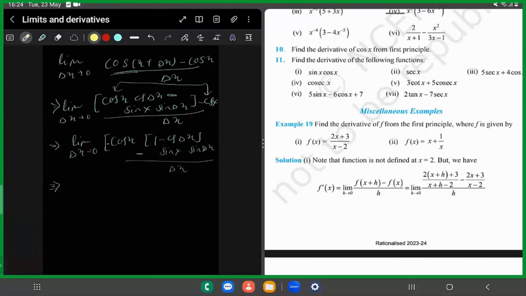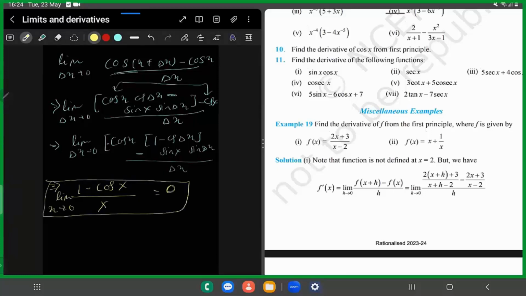And if you know by the example, as we had derived in the limit part, the limit of this function as x tends to 0 is equal to 0. If you scroll a bit above, or in the initial part of this chapter, I had derived this result that this limit is equal to 0.